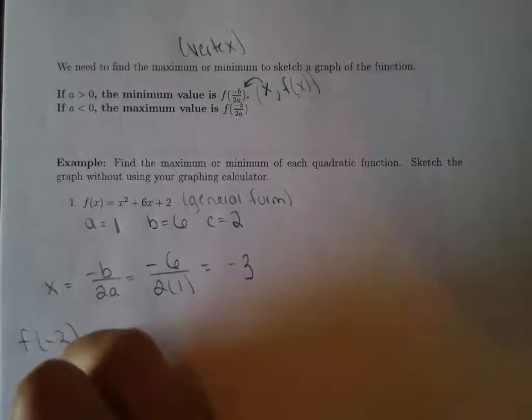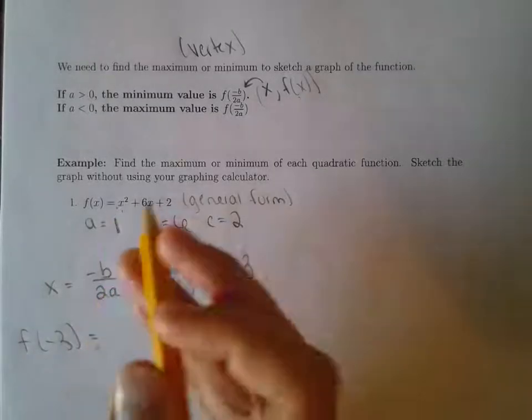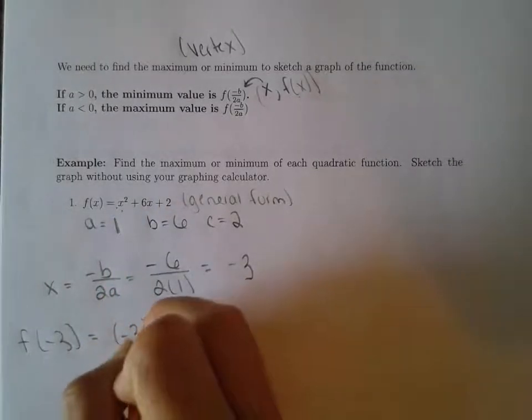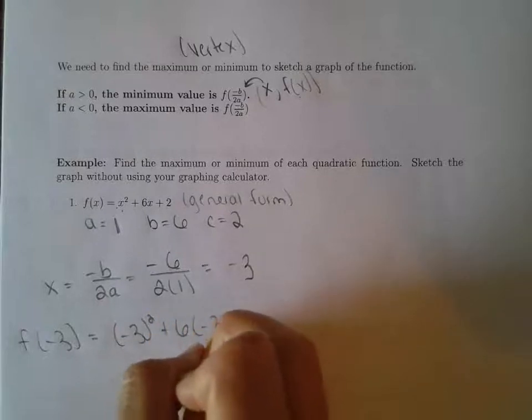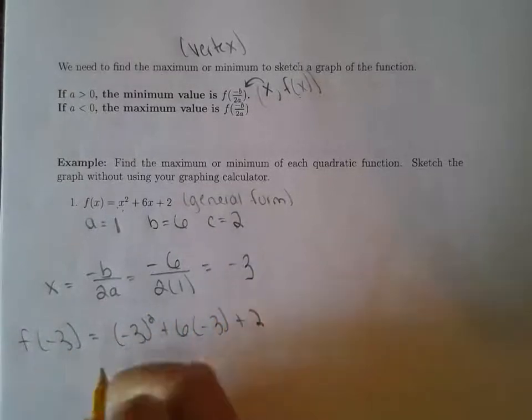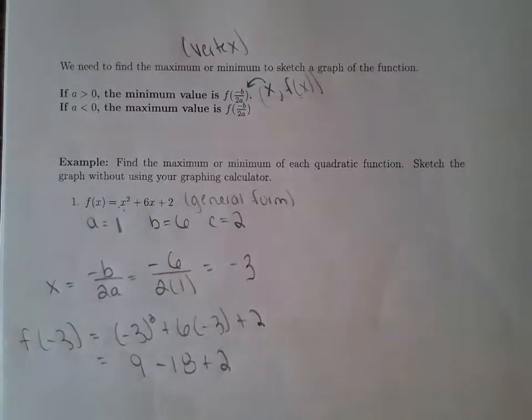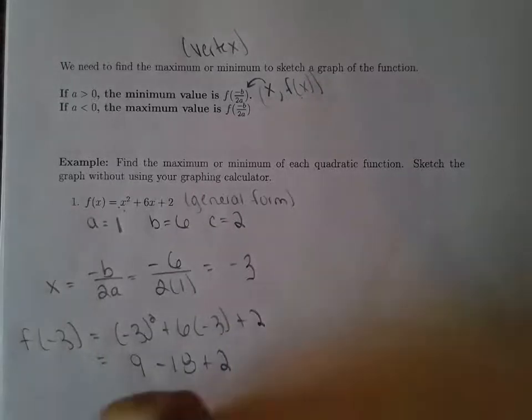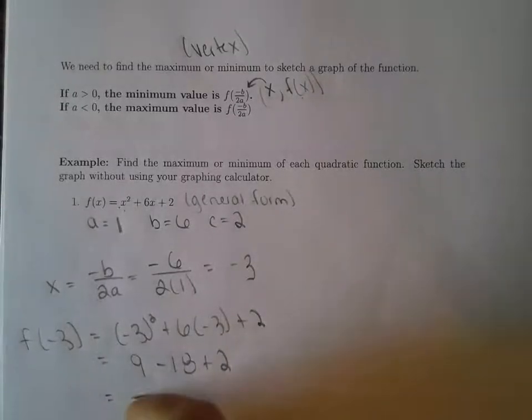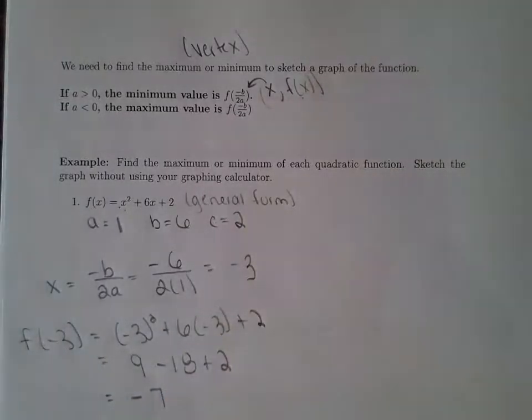So f of negative 3 is negative 3 squared plus 6 times negative 3 plus 2. That's positive 9 minus 18 plus 2, so minus 9 plus 2, which is negative 7.